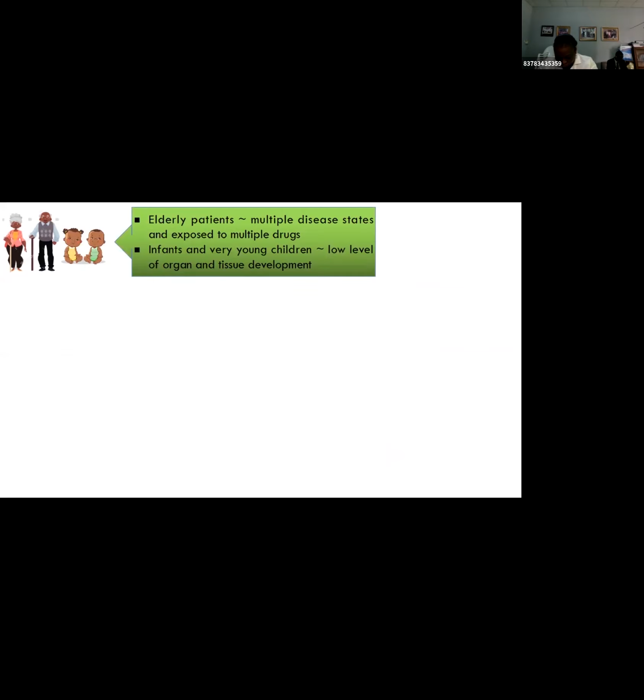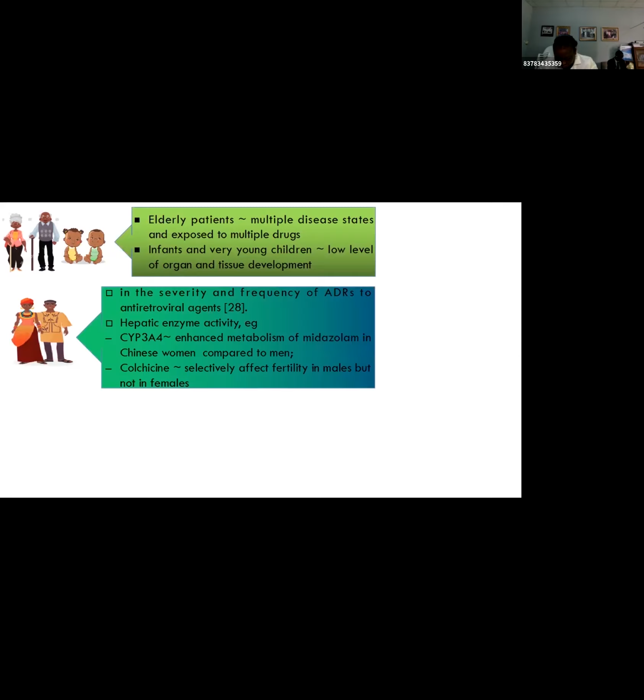And then we have infants and very young kids who have a low level of organ and tissue development, and as such, drug metabolism, distribution, and other parameters are affected. And so we see the onset of this reaction in this particular age group.